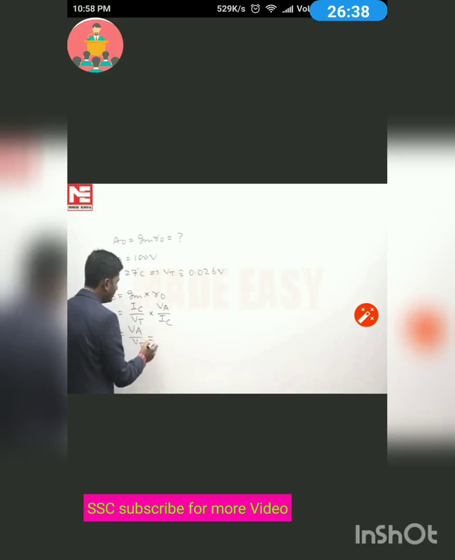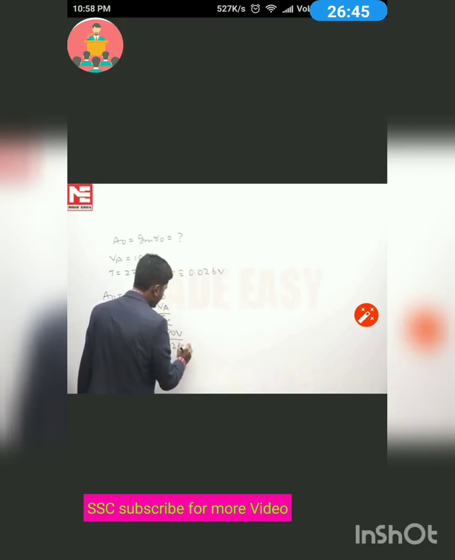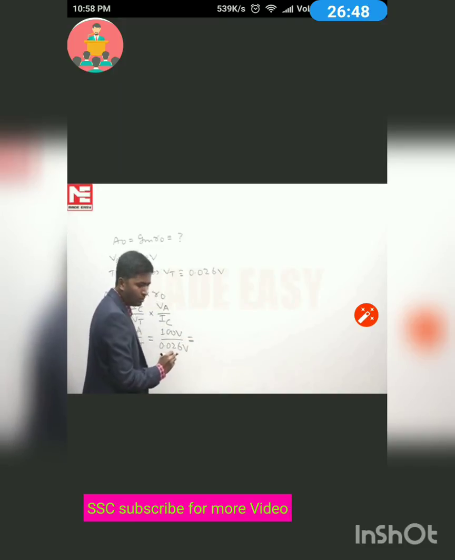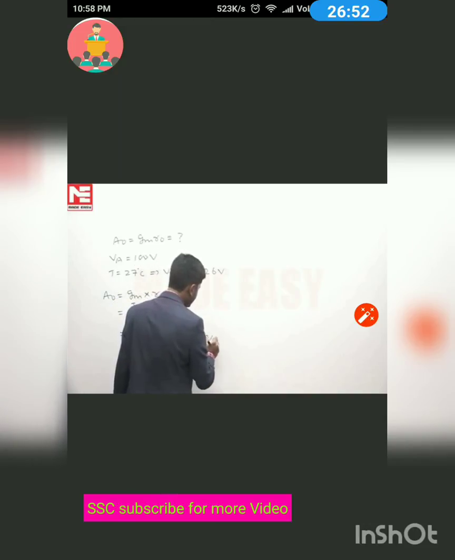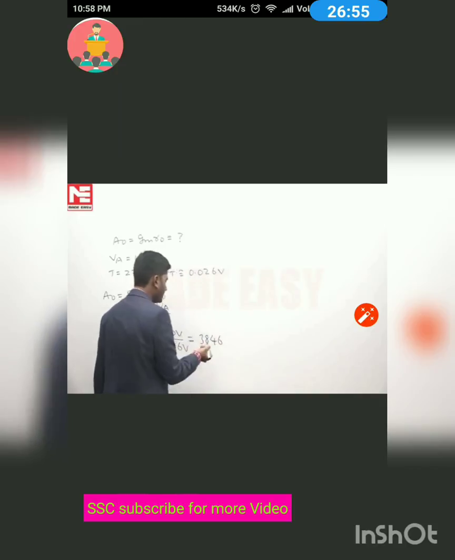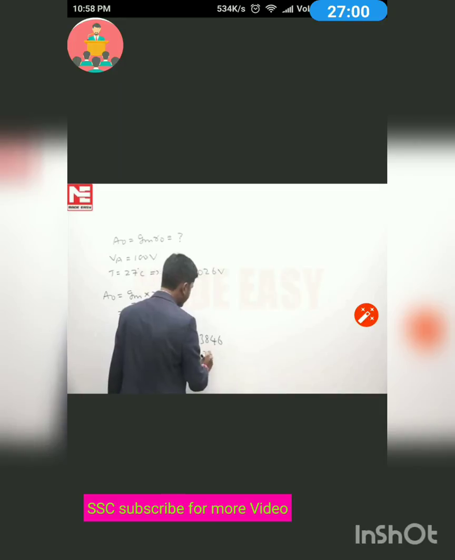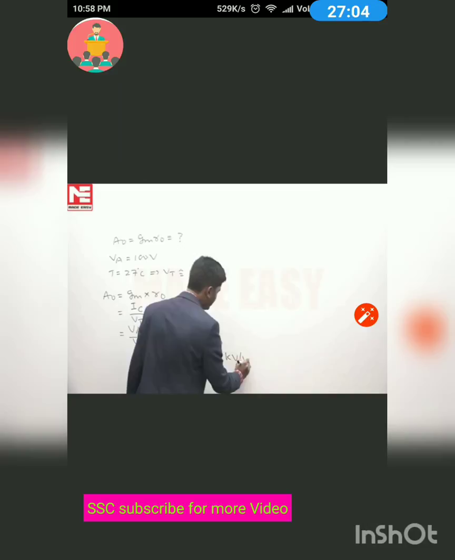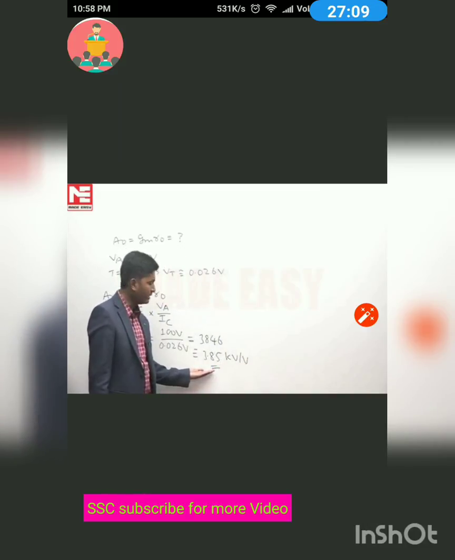You can substitute here VA as 100 volt and VT as 0.026 volt. If you calculate this, it will evaluate to 3846, and that you may convert into kilovolt per volt, approximately 3.85 kilovolt per volt. So this is the intrinsic gain for the BJT in the given question, 3.85 kilovolt per volt.